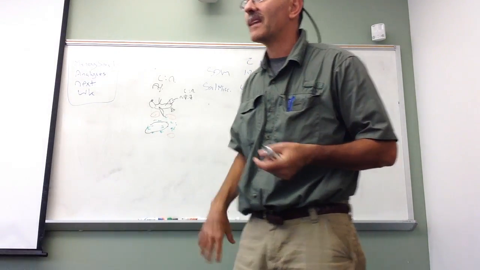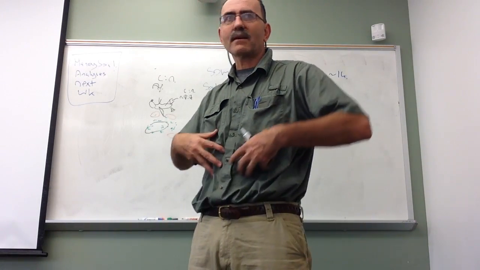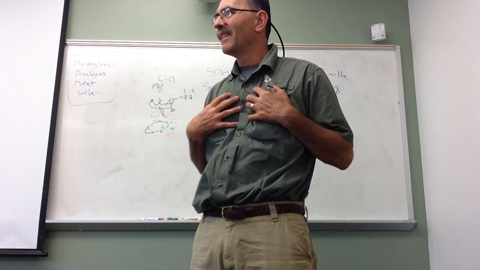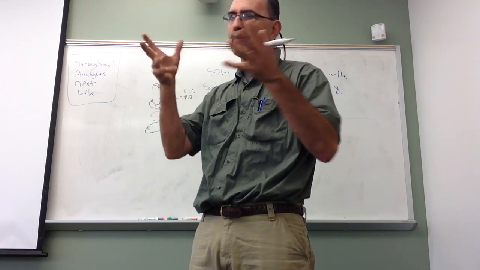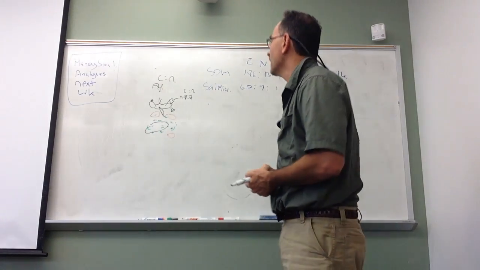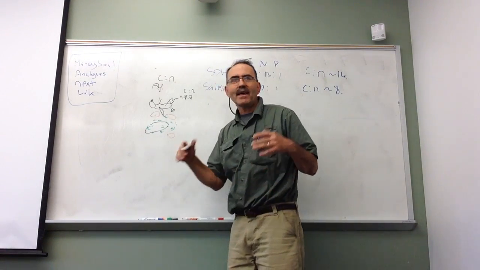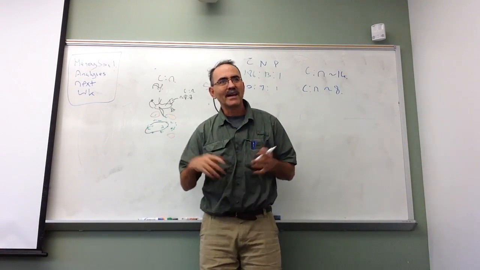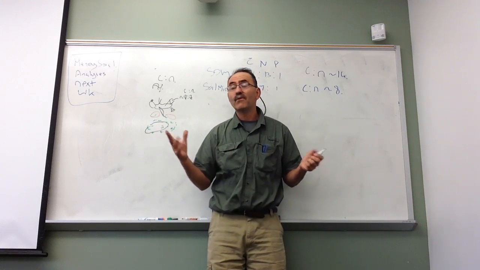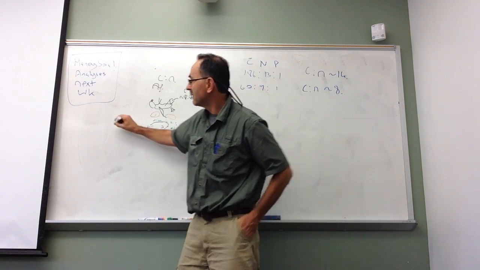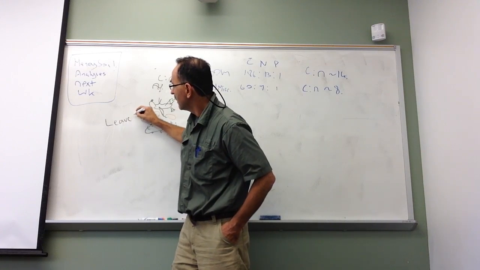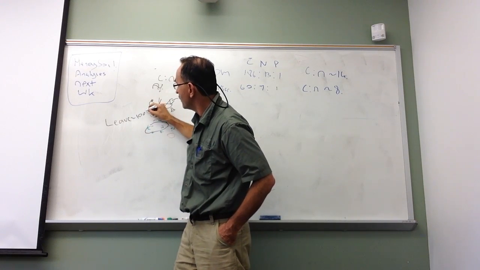So the first thing that decomposes in a squirrel is going to be his liver and the insides, and then eventually the skin, and then the bones are going to be left last. The same thing with leaf litter, dead leaves that have been dead for a long time, might have a C to N ratio of about 100 to 1.